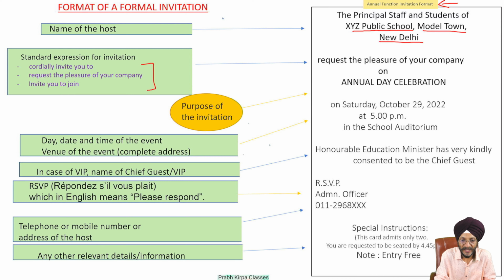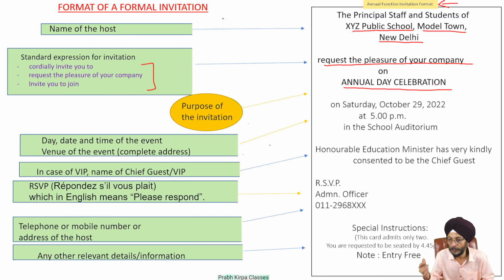You can choose any of the three or any other which you deem fit. Here it is written as request the pleasure of your company. Then comes the purpose of invitation. Why are you invited? Why are the school authorities, the principal, staff and students inviting? They are inviting on annual day celebration.